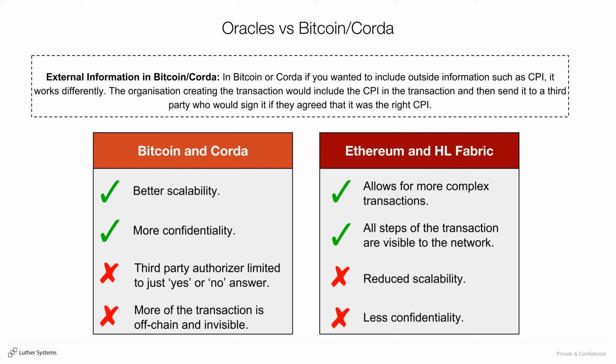But in the most basic configuration of Ethereum and Hyperledger Fabric, you have all of the nodes validating and executing all the smart contracts and transactions. And that's a benefit because of the visibility and transparency and verification of the execution. But what it also means is that everyone can see all the data that's being processed. So there's a trade-off with confidentiality.